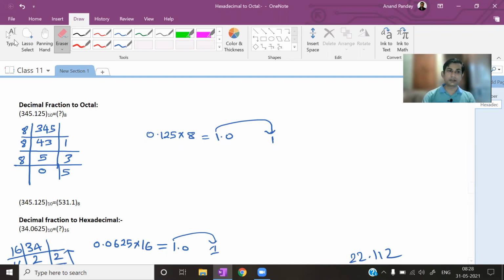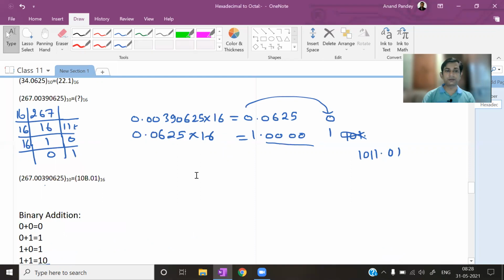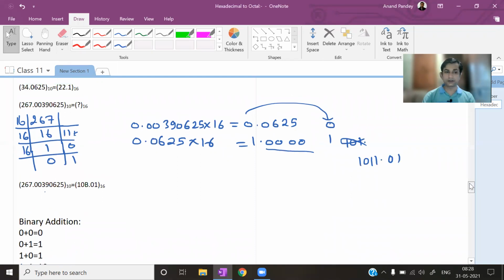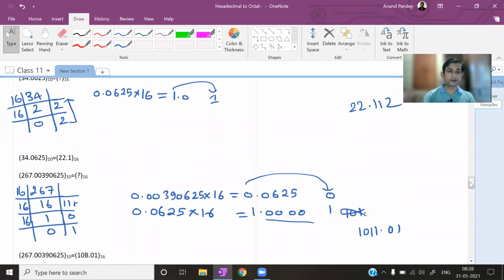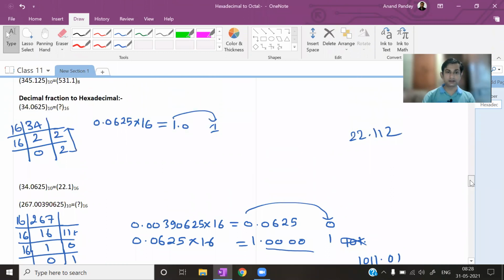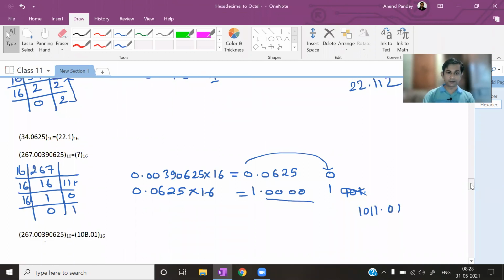And same for the hexadecimal. Instead of 8 and 2, here we use 16. Two examples are given on the screen. We multiply with 16, the integral part we write here, and the fractional part we take for further calculation.